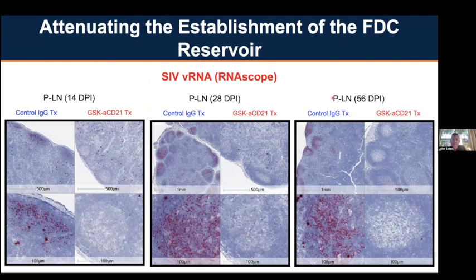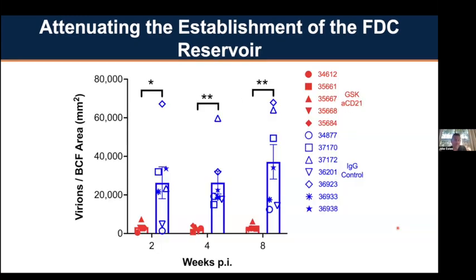So this one treatment alone was able to prevent or substantially attenuate the deposition of virus within these B cell follicles. And when we quantify that in these animals over time, we can see nearly a 20-fold reduction in the amount of virus that's deposited on these FDCs compared to our control animals.